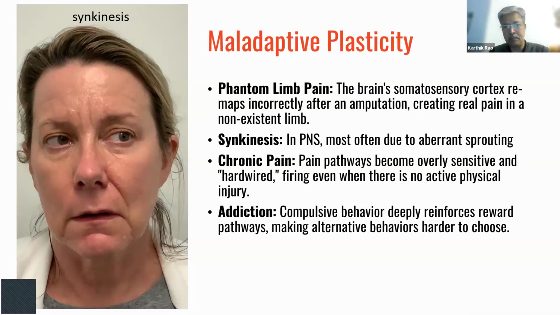Chronic pain is also considered one of the aspects of maladaptive plasticity, because we know acute pain is most often because of tissue injury. It can be a fracture, a ligamentous injury, a muscle strain or cut, whatever it is. But all these tissues eventually heal. So why is somebody having pain for 2 years? Even a fracture in the lower limb heals in 3 months, yet somebody is having pain for 2 years, for 5 years.